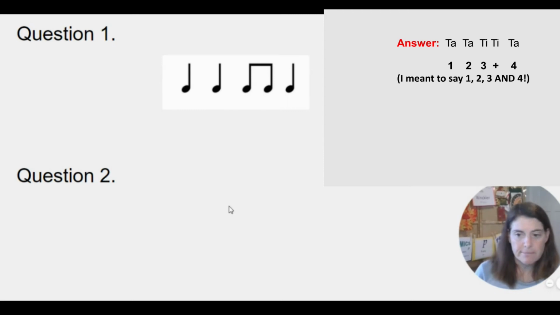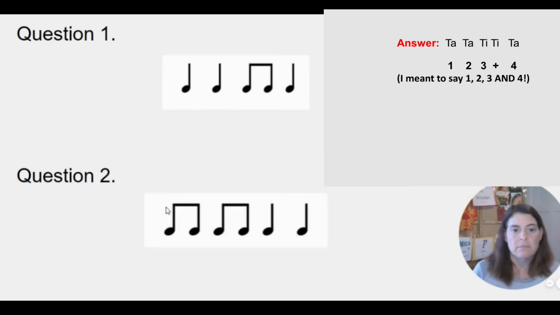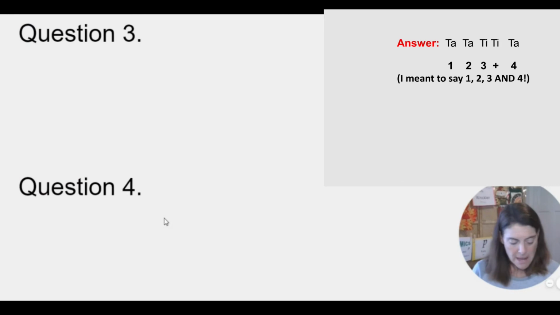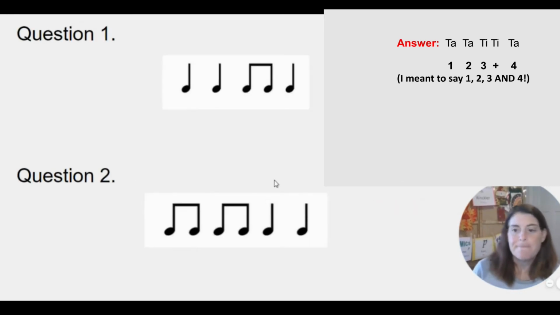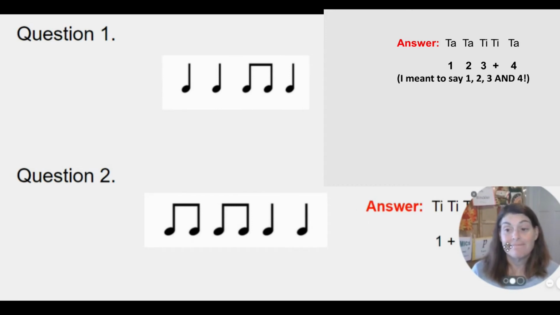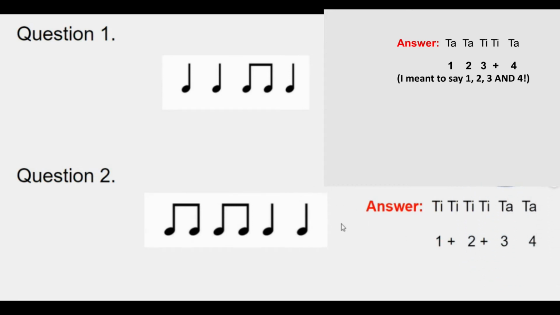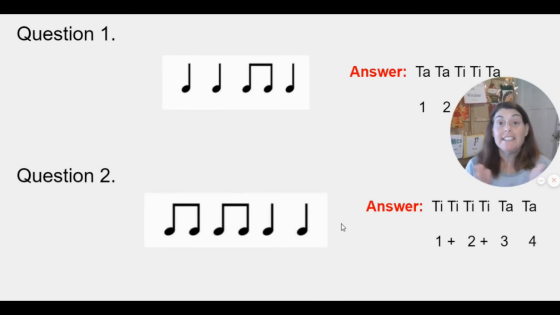Here's question 2, and I'm really going to count this time. All right. 1, 2, 3, 4, 5. All right. Here's your answer. Hope you got it right. If you said ti, ti, ti, ti, ta, ta, you get a point.